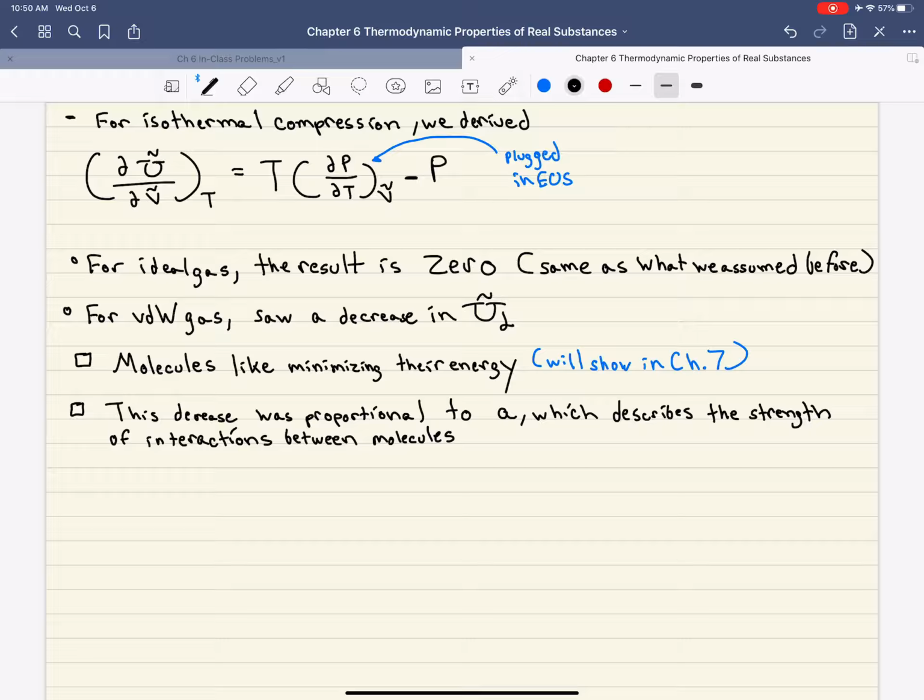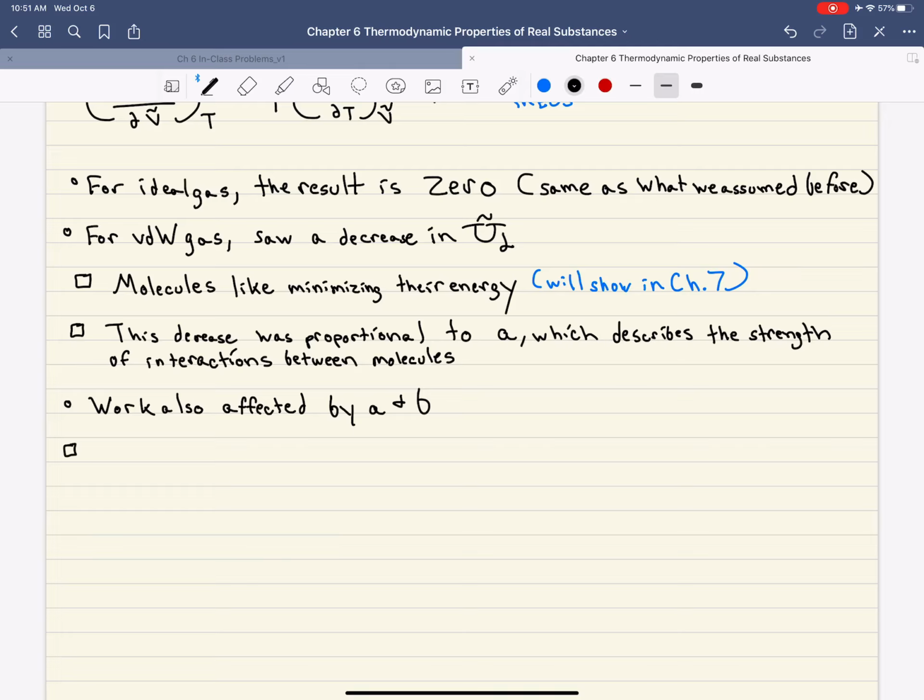We also saw that the work needed to compress the system was also affected by our A and B parameters. Though, even in the case of work, the A parameter had the more significant contribution.